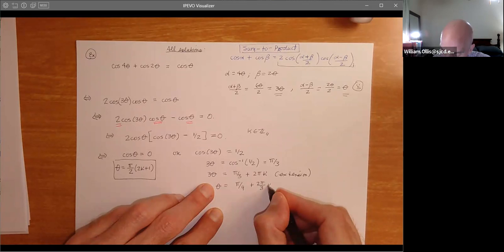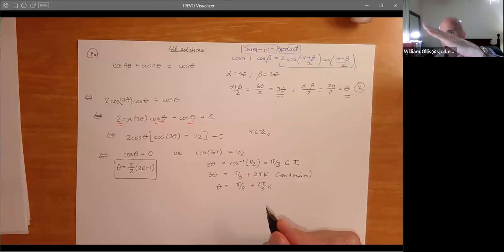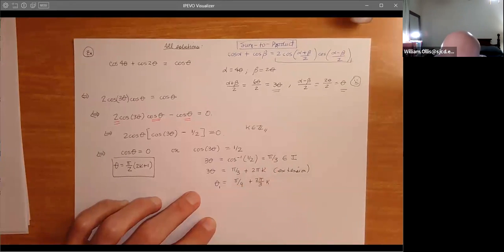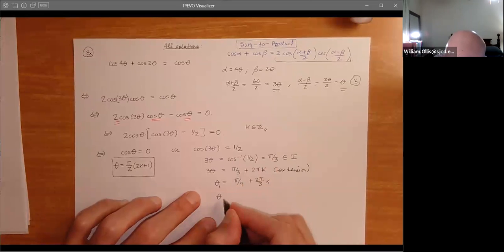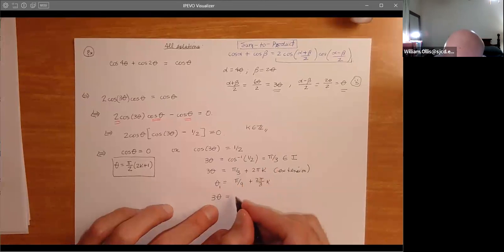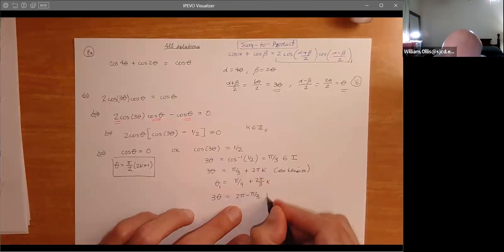Now, of course, remember, this is in the what? First quadrant. So we've got a solution here. So with the evenness of the cosine, we have another solution here in the fourth quadrant. So we subtract this from 2 pi. So we can say this is theta 1. So theta 2, or let me just start 3 theta, will be now 2 pi minus pi over 3 plus 2 pi k.